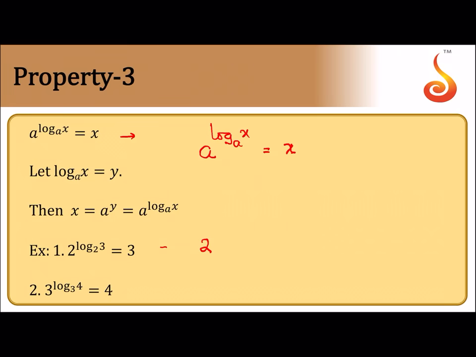At present, you remember, later we will prove it. So a to the power log base a of x is always equal to x. Take an example here. 2 to the power log base 2 of 3 is equal to 3. 3 to the power log base 3 of 4 equal to 4.